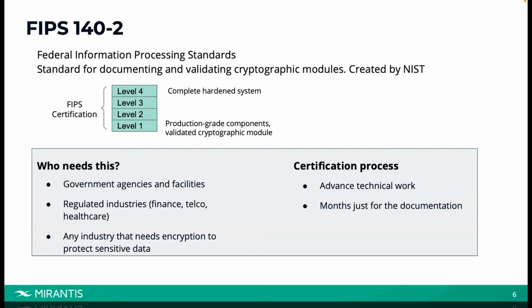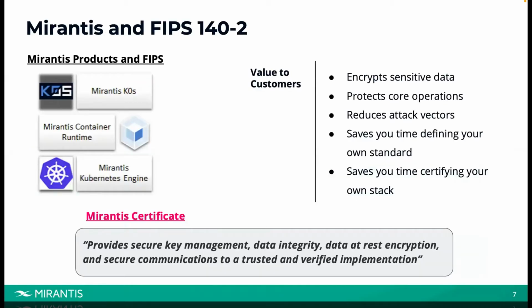Now, how does that apply to the infrastructure that we provide? At Mirantis, we have FIPS 140-2 verification on a couple of different levels. One is the container runtime, which is where your containers will be running, so the communication between your different nodes and pods is fully encrypted.